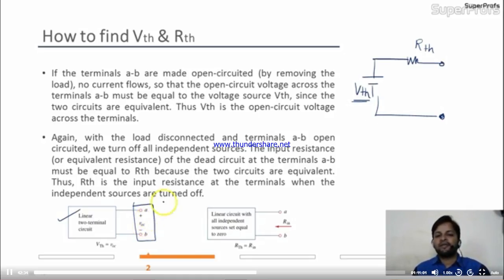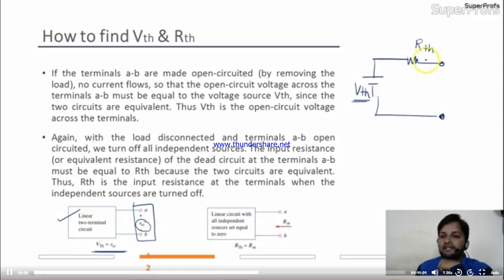So open circuit voltage means we'll open the two terminals A and B, we'll find out the voltage across the two terminals, and that voltage will be nothing but the V_Th. We'll open A and B, we'll find the open circuit voltage here, and this open circuit voltage is nothing but the V_Th.